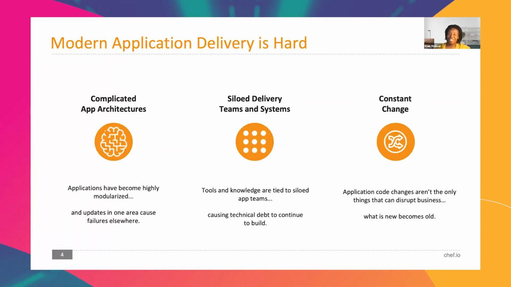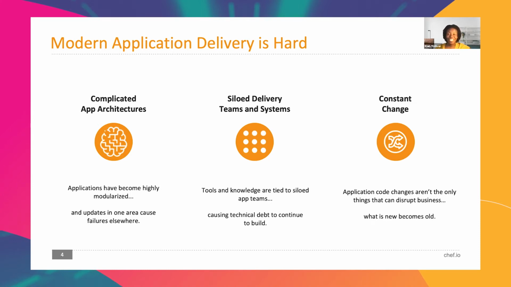I'm sure I don't have to tell everybody this, but modern application delivery is hard. Organizations today have every form of application within them, from microservices to mainframes. Applications are highly interconnected and floating in a sea of dependencies.